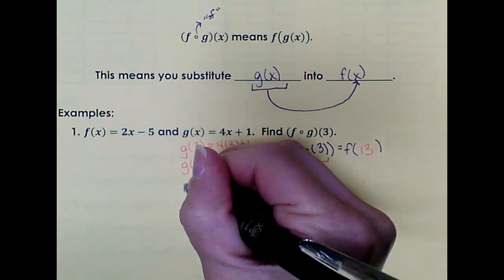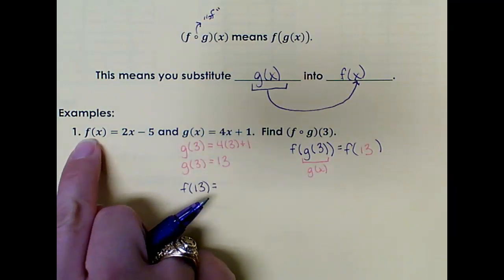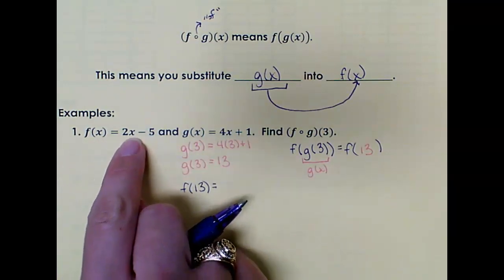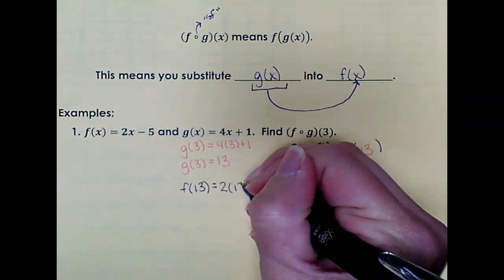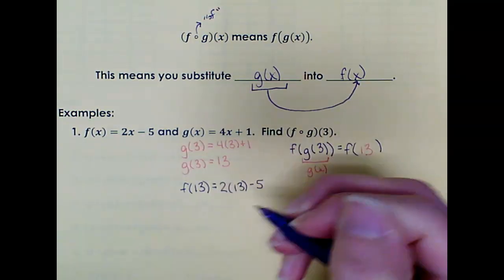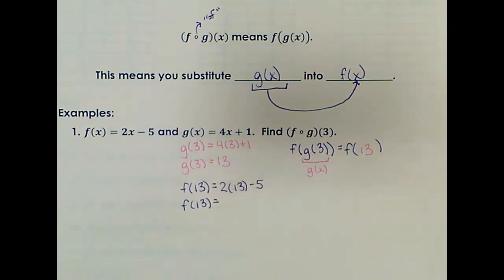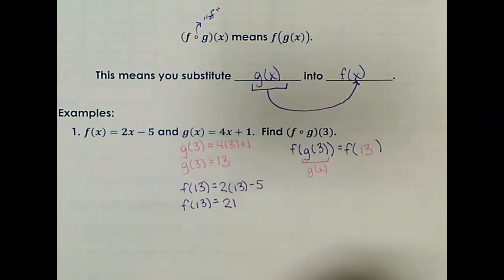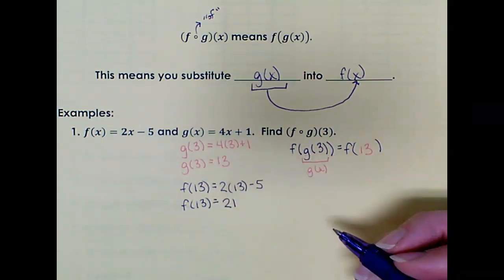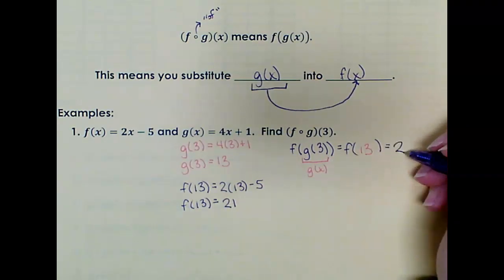So f of 13 equals, here's the f function, 2 times 13 minus 5. Well, 2 times 13 is 26, and 26 minus 5 is 21. So f of g of 3 is the same thing as f of 13, which has a value of 21.